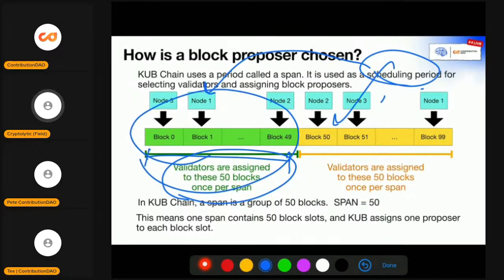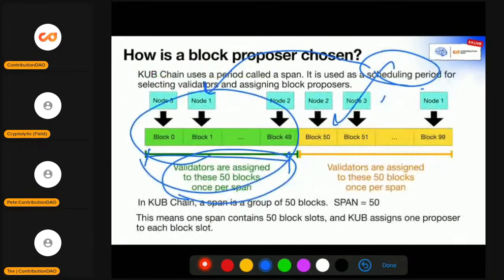Not every validator has the same chance. I will explain it in the next slide. But the idea is quite the same as other proof of stake: the more you stake, the more power you have, the more chance you get to propose. It's decided by the delegation power. Yeah, all clear.